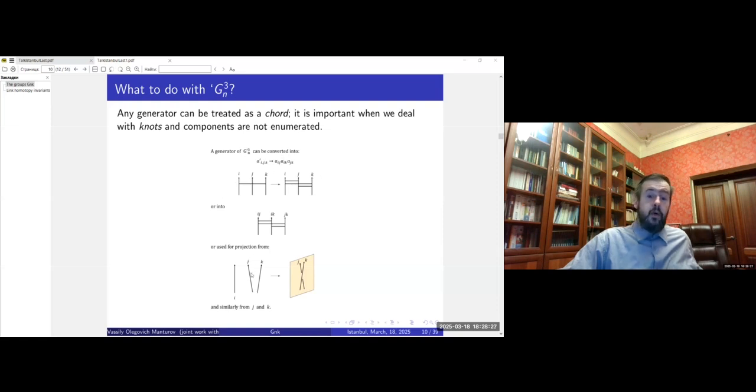So in some sense, standard knot theory is a sub-theory of this approach. Why? Well, because if we have a knot in 3 space, then we can assume that we have some infinite strand, maybe called I, which is far away from a knot.